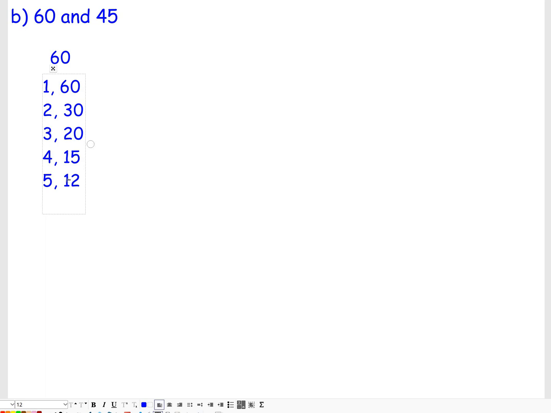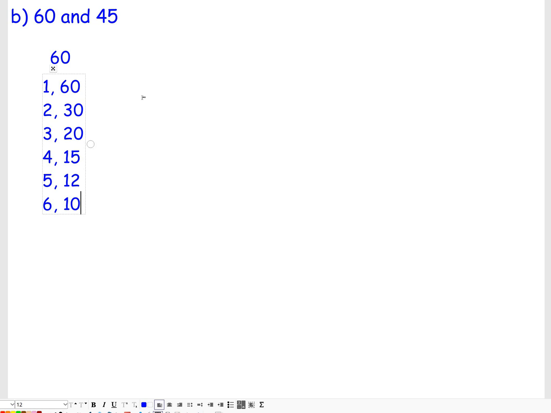If 3 goes in 20 times, 6 goes in half that amount. So 6 and 10. Does 7 go in? No, it doesn't. Does 8 go in? Well, we can look at the 4 here. 4 goes in an odd number of times, so 8 is not going to go in. Or if you did a bus stop, you would see you'd have a remainder.